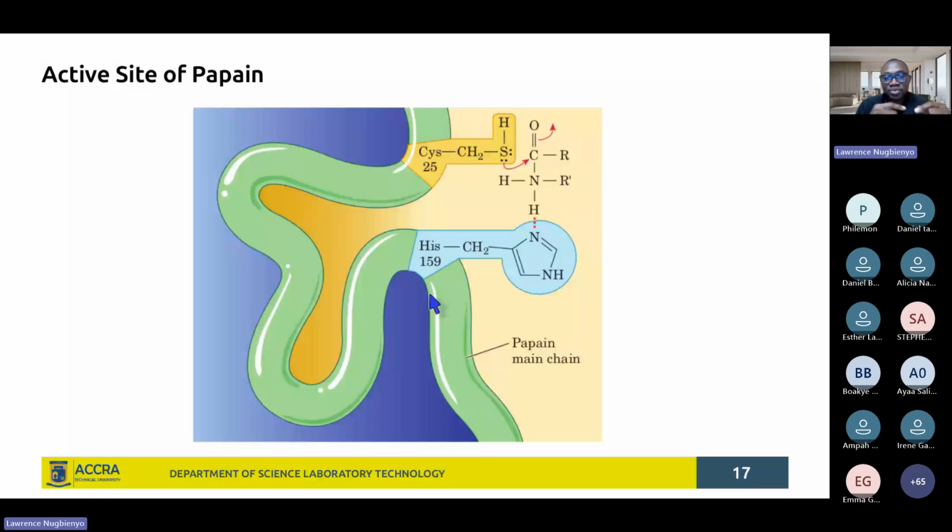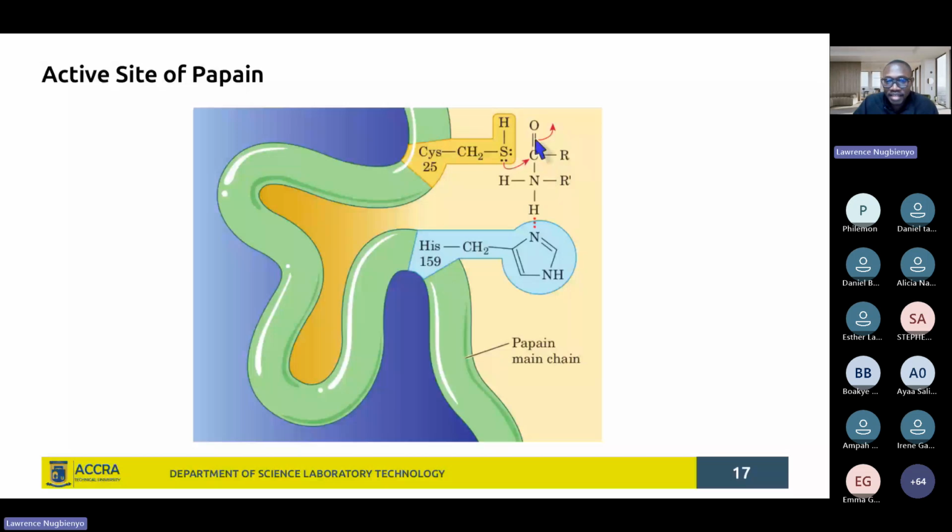If you are counting the amino acids 1, 2, 3 along that chain, cysteine will be at the 25th position, and histidine at the 159th position. It is the folding of the protein molecule that brings cysteine 25 and histidine 159 close to each other, so that they can act as an active center interacting with the protein molecule.